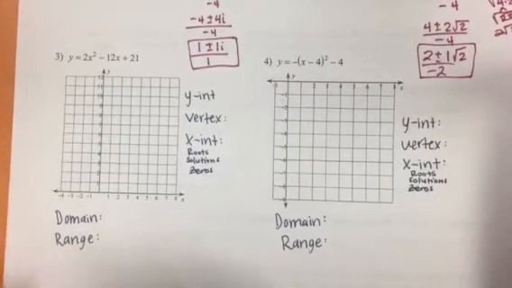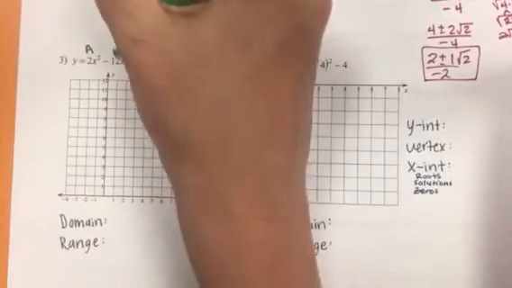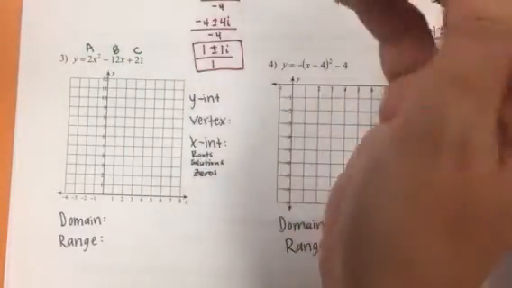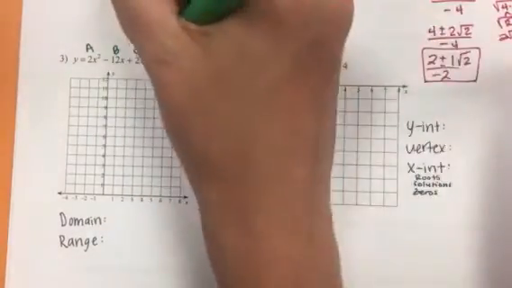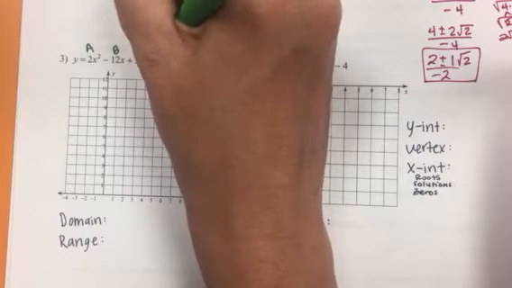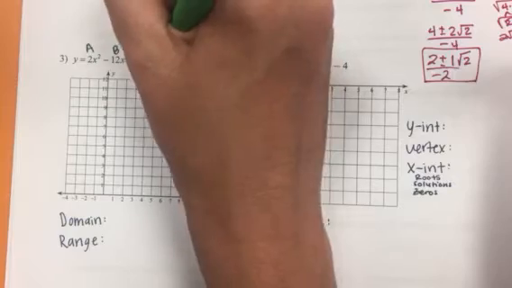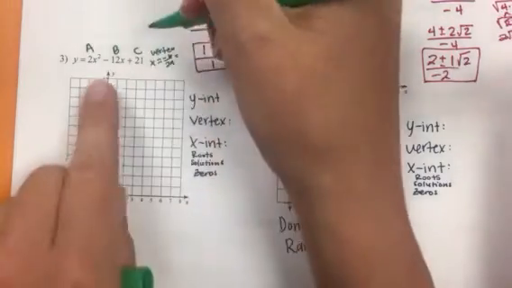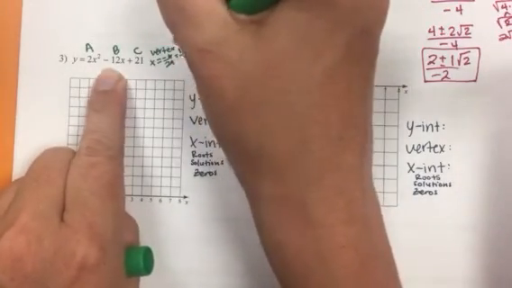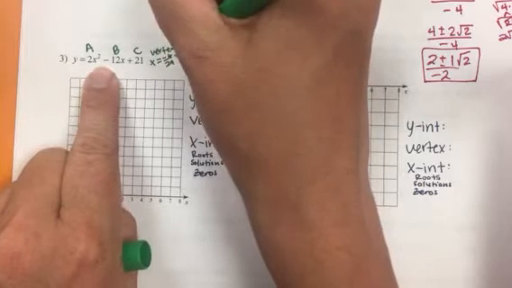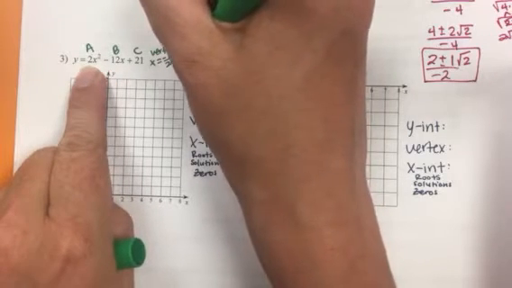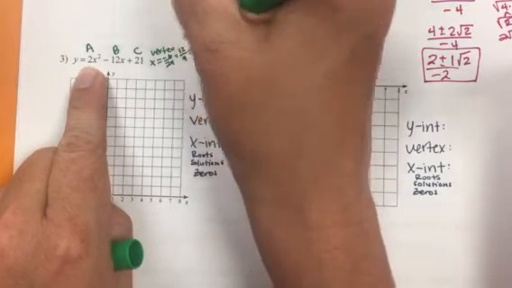Problem 3. We're going to graph it. We have A, B, C, and standard form for the vertex. X equals negative b over 2a. So I'd get 12, because 2 negatives make a positive 12, over 2 times 2 is 4, which equals 3.